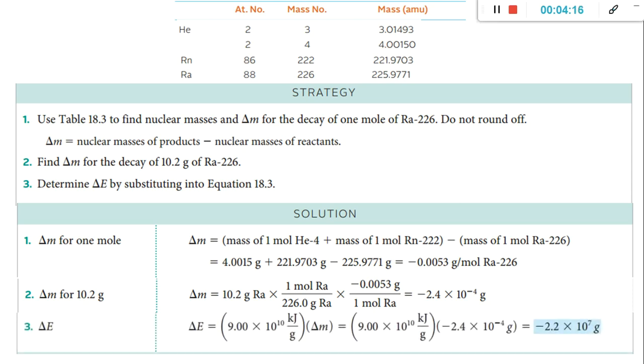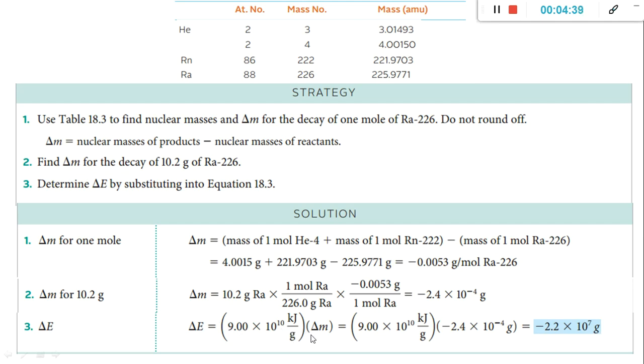So we can now calculate the delta E. Given earlier, 9.00 times 10 raised to 10. Again, it is the c squared, the speed of light squared, times 10 because it became kilojoules per gram.